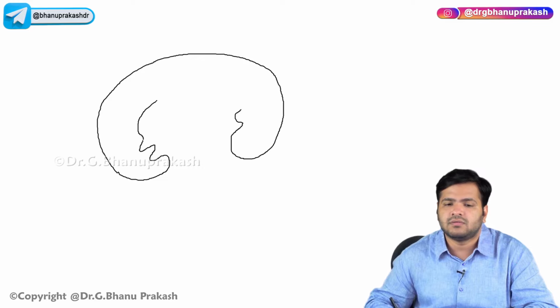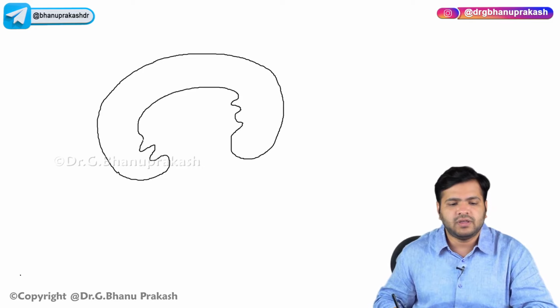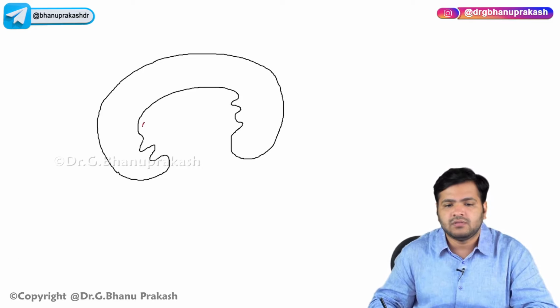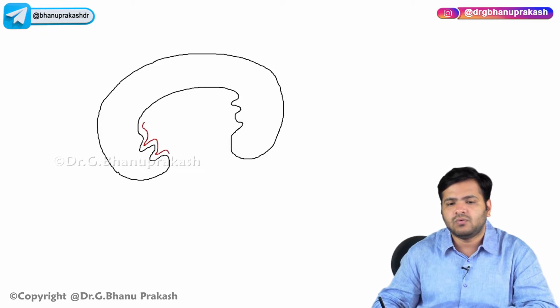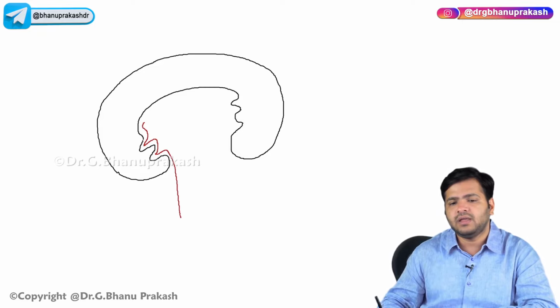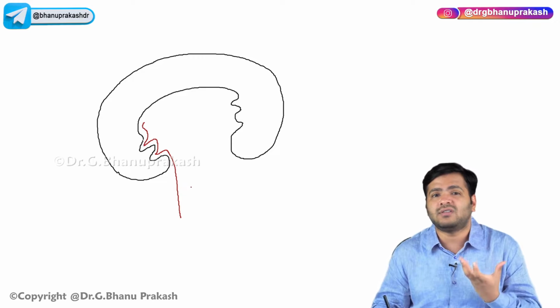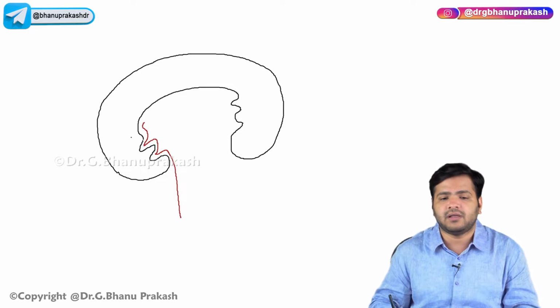And over here you can also see that we have the yolk sac which will come into this folding, and a portion of the yolk sac will come into this connecting stalk or the umbilical cord, right? The connecting stalk is the one which will form the umbilical cord.